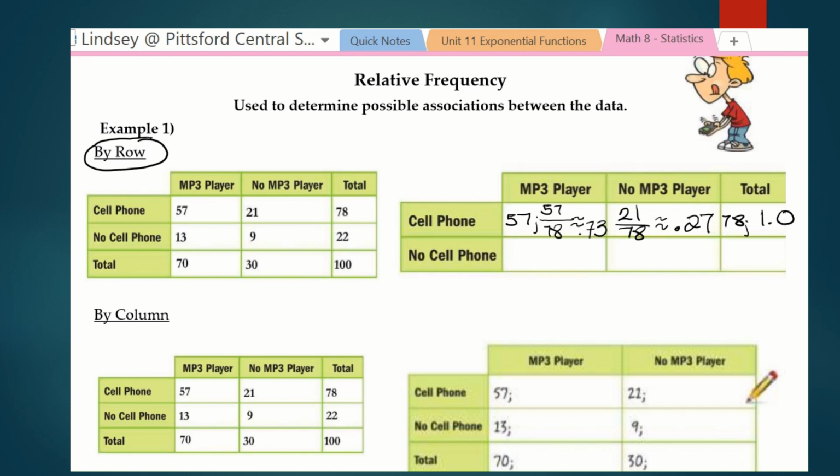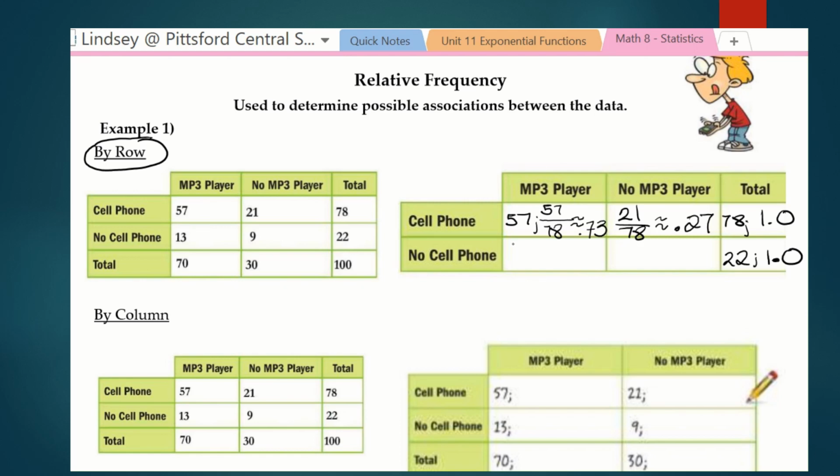All right, so looking at the next row, now I'm looking at all the kids that don't own a cell phone. So in our survey, there are 22 kids that do not own a cell phone. So all 22 kids would be our 1.0. So how many of those kids own an MP3 player but do not own a cell phone?